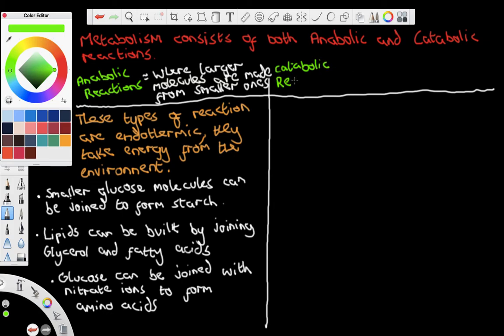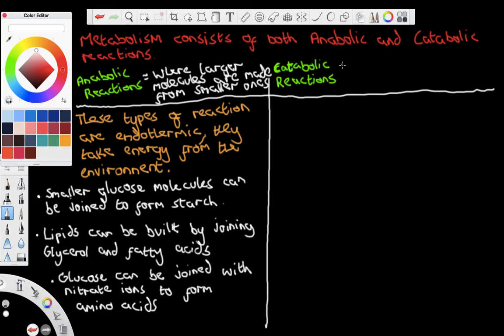Catabolic reactions are where smaller molecules are made from larger ones.